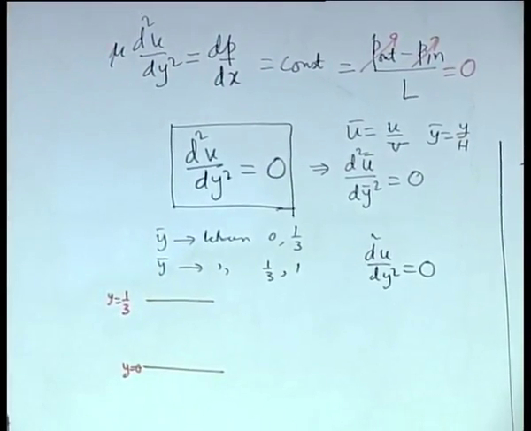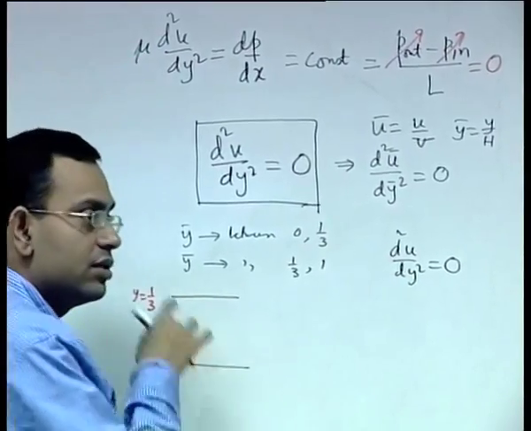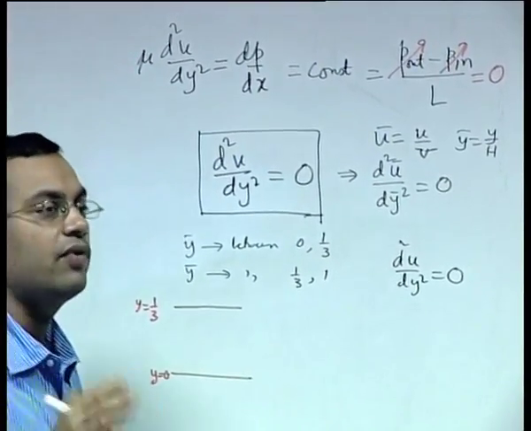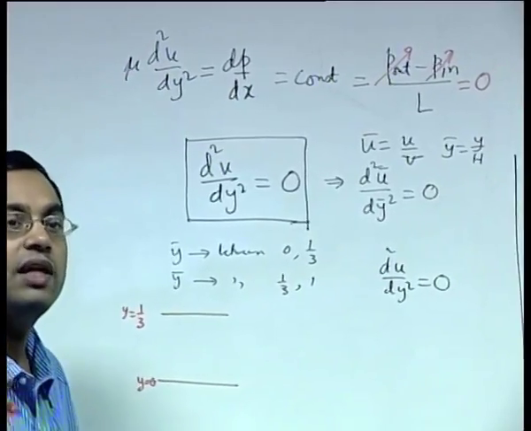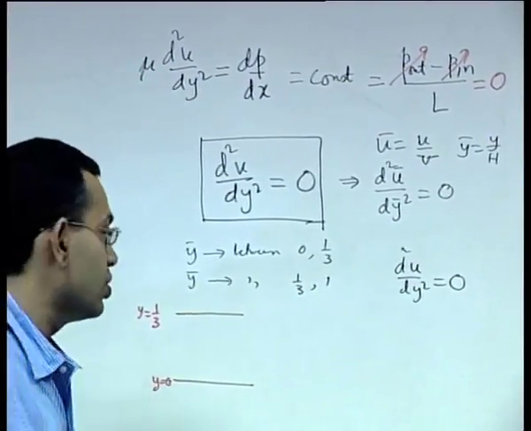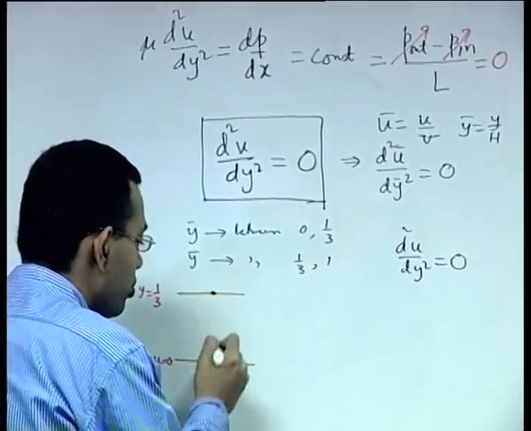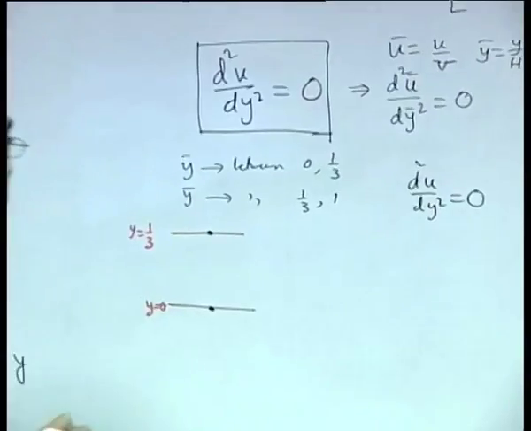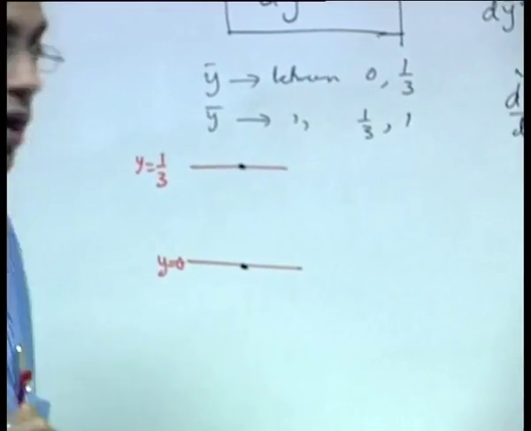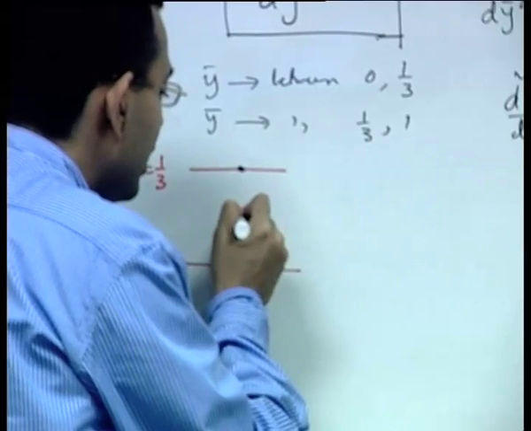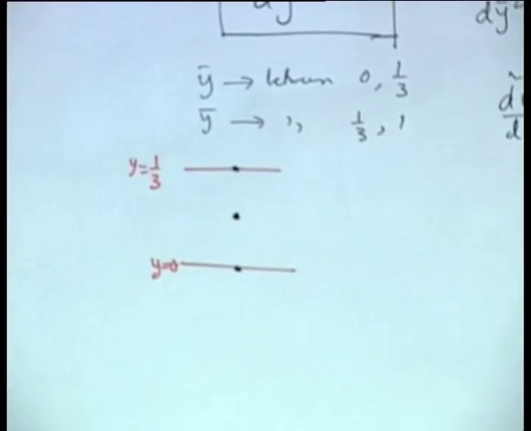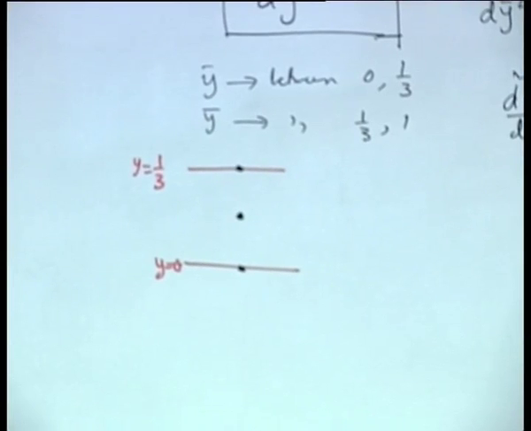If you want to capture a variation within this one, what is the minimum number of grid points that you could take, and we will take that. So, 2 must be there at the two boundaries because boundary condition has to be implemented, and you at least should have one in between to see what is there inside the domain.